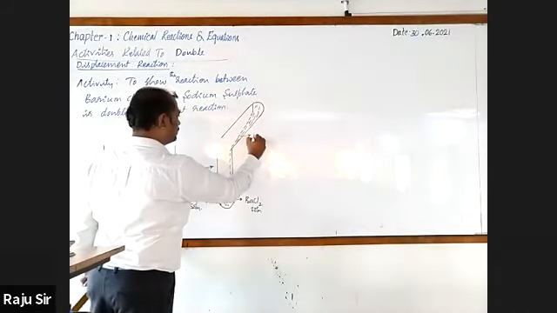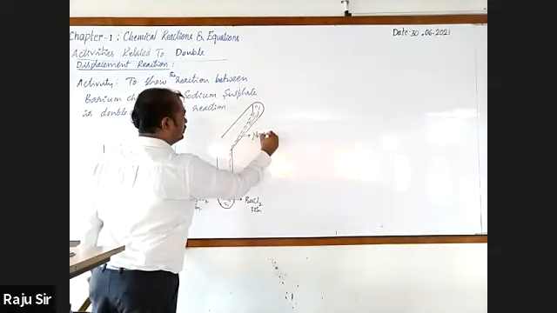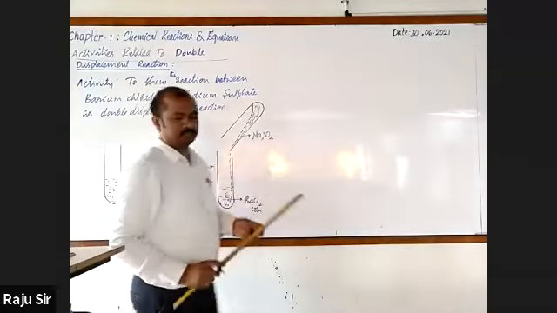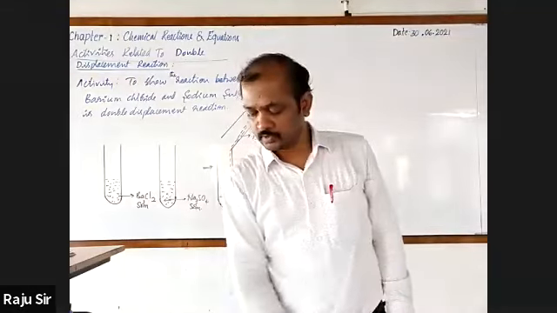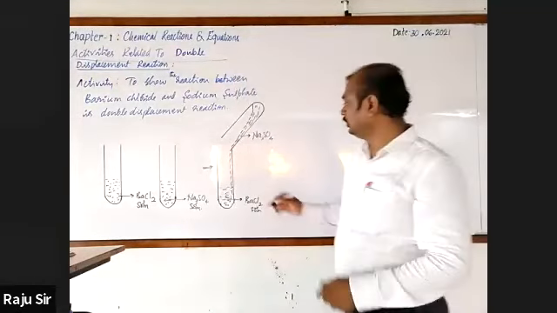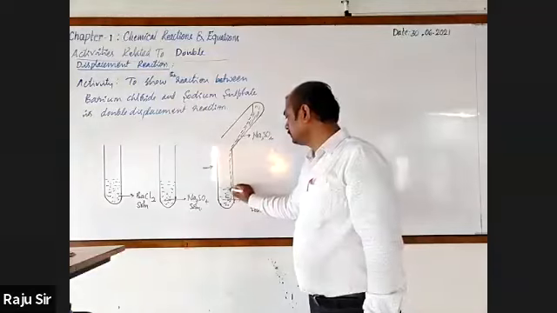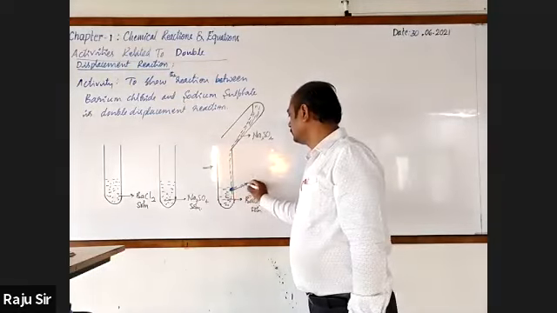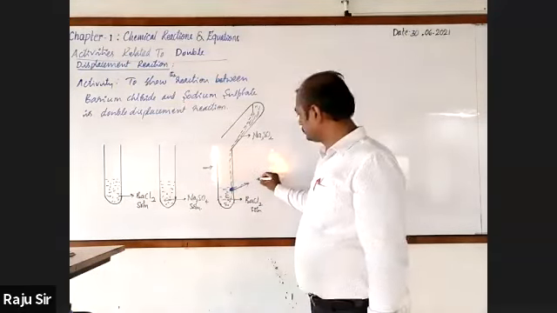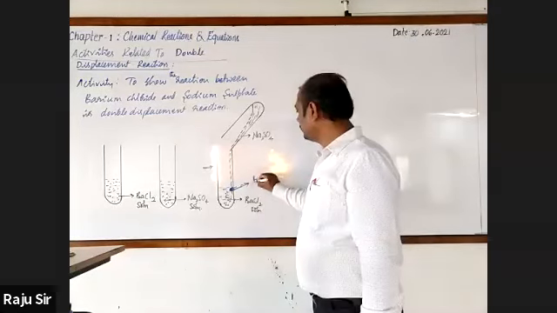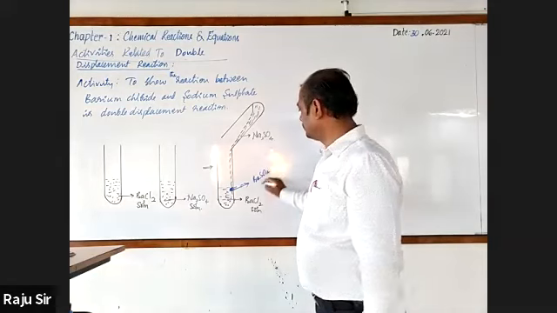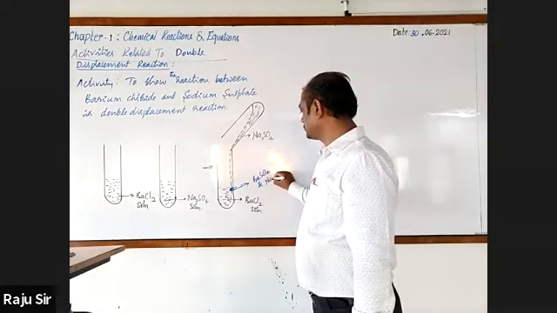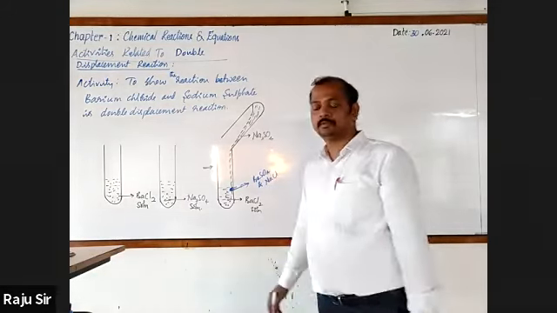This is sodium sulfate, Na2SO4. Then we will get new compounds: barium sulfate, BaSO4, and sodium chloride solution, NaCl.